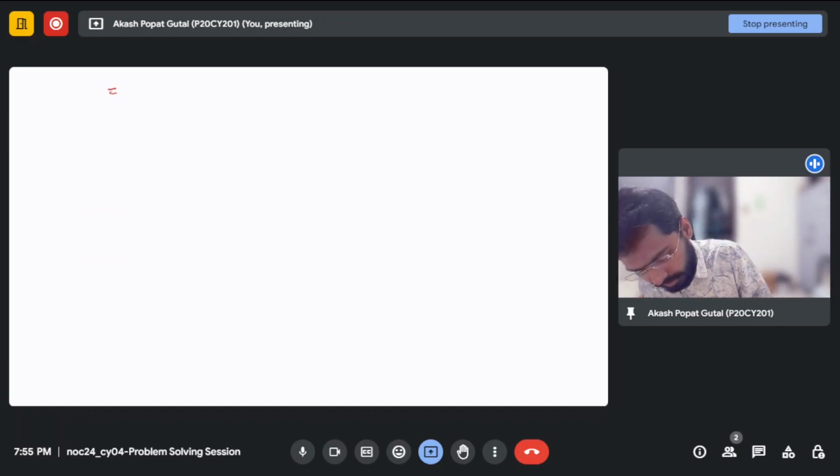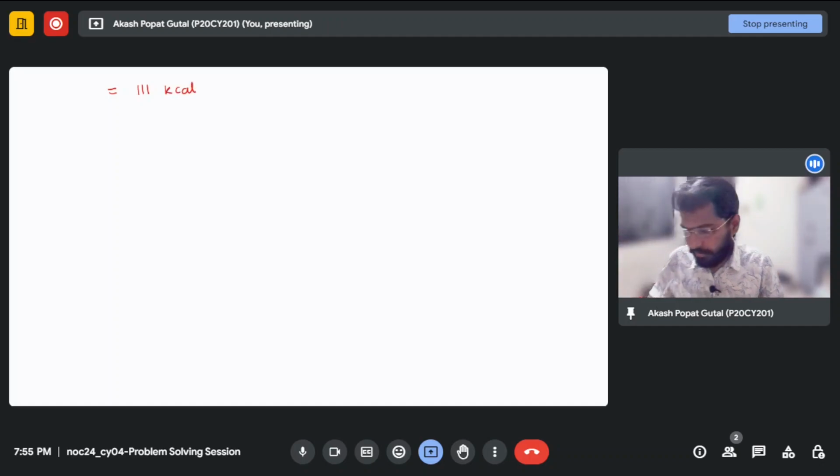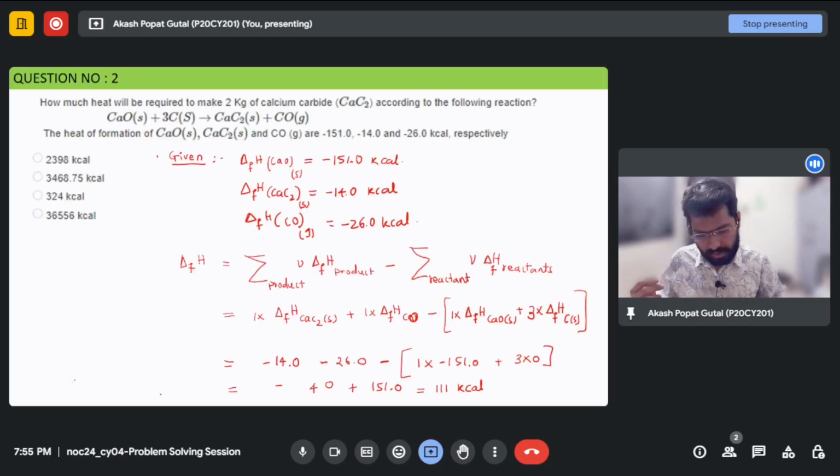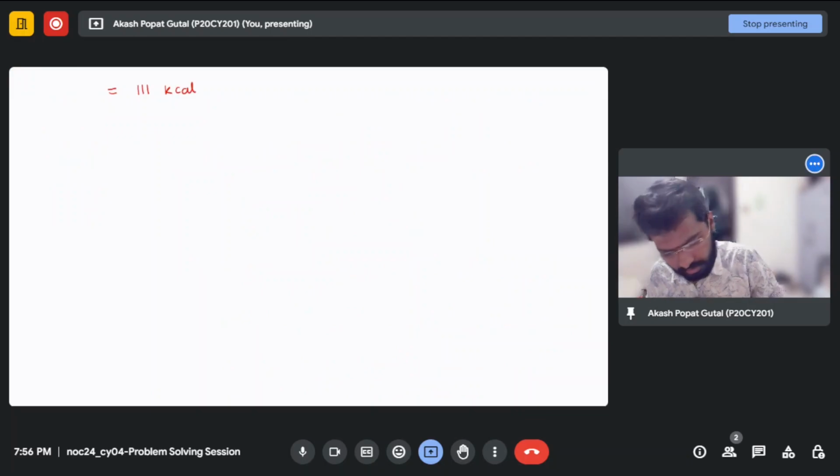So we got the answer as 111 kilocal. But the question asks us to calculate it for 2 kg of CaC2 in solid form. First we will calculate the number of moles.